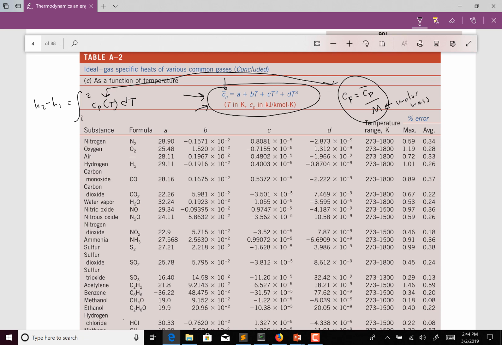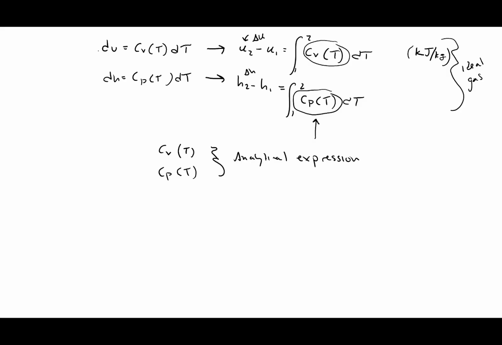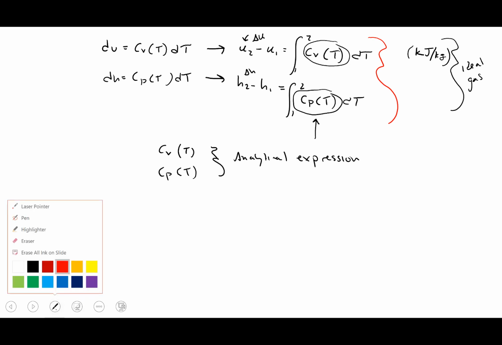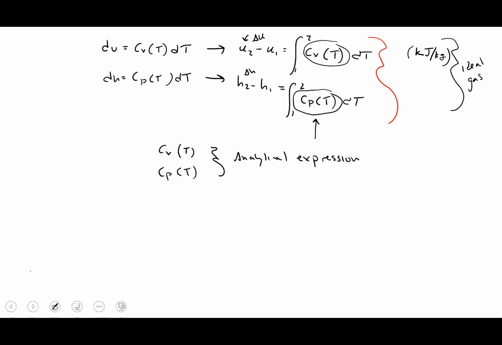Another way that we can get C sub P is to calculate C sub V or C sub P at an average temperature. So what I mean by that is, let's go back to our equation. We want to calculate this change in internal energy or change in enthalpy, so we need the C sub V or C sub P as a function of temperature.